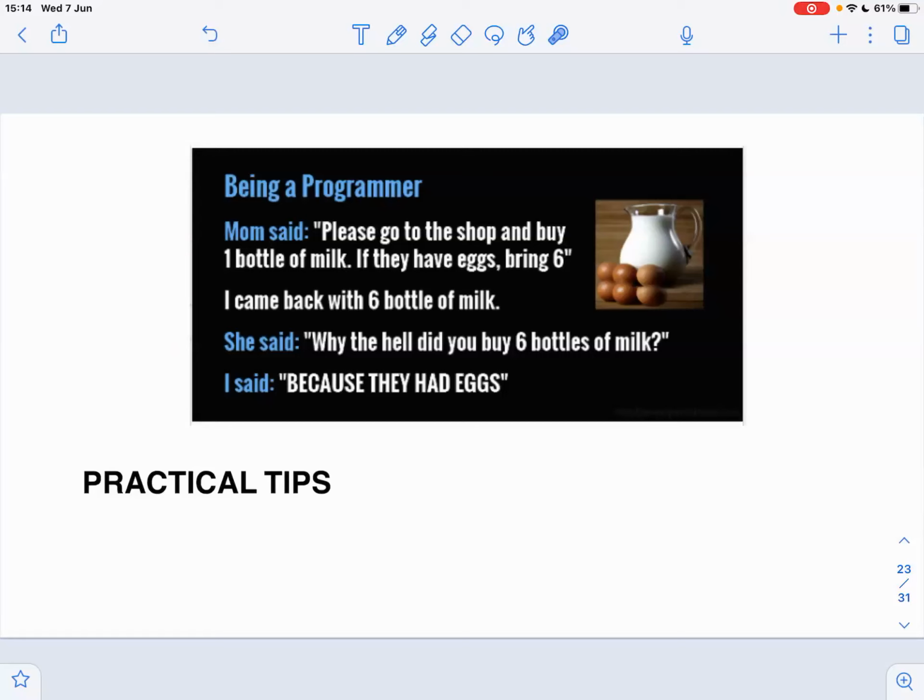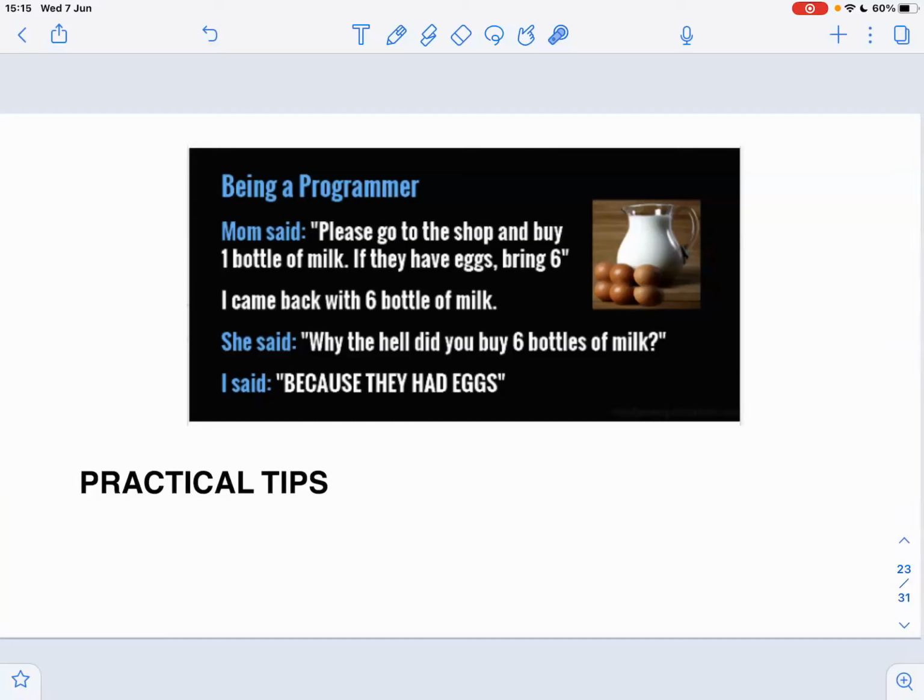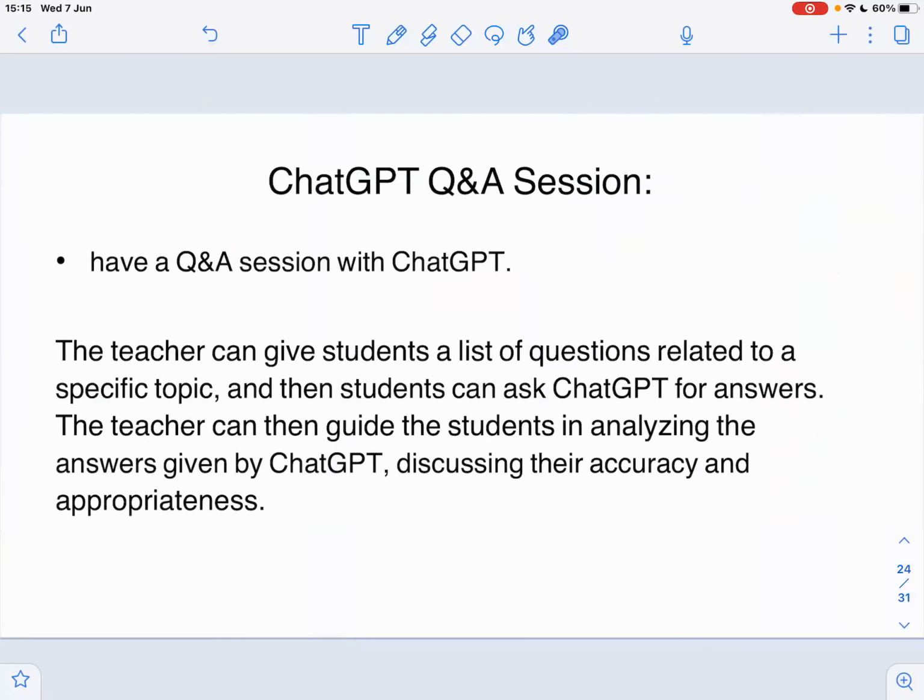And although the AI might get it right, depending on the temperature setting or something like that Cesare mentioned, students will need to learn how to actually be very, very clear about what they ask. Now, we can practice that very easily.